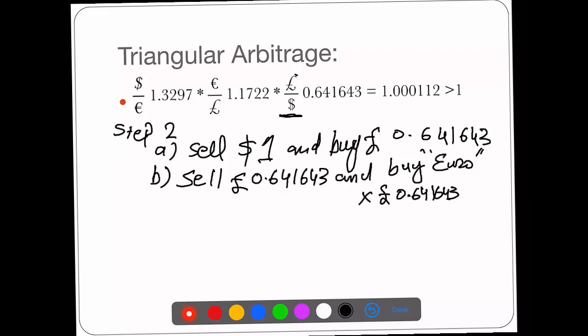So multiply the pound in the denominator. And what is that rate? 1.1722. If you do the calculation, you can see that this pound is getting cancelled with this pound, and you are left with the euro.